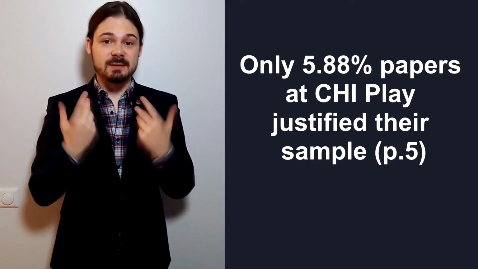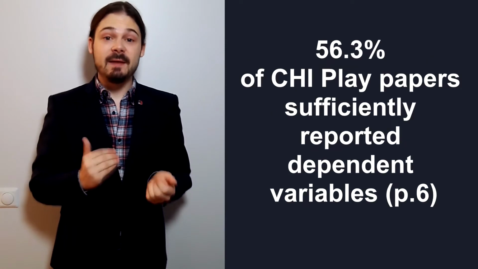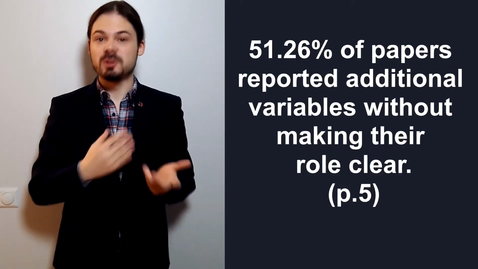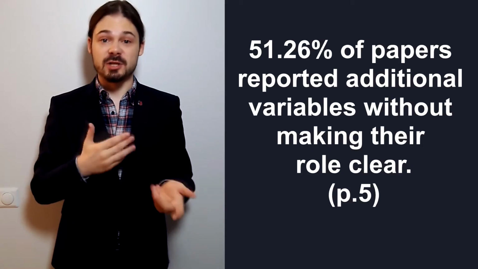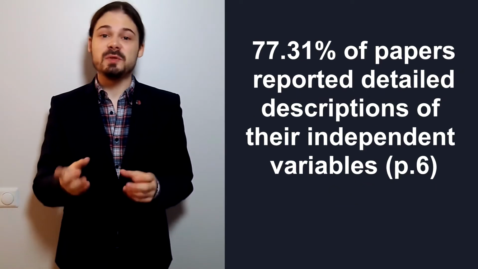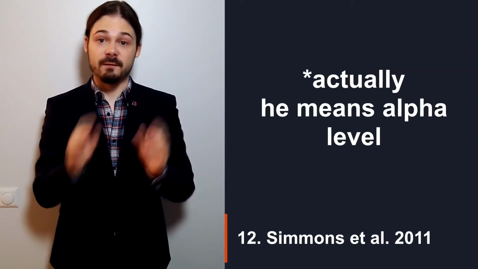And sadly, QRPs are potent. Collecting just 10 more participants after unsuccessfully testing for significance, leaving out a non-significant dependent variable, post hoc deciding to control for gender or other additional variables, and selectively choosing between 3 conditions and then dropping the non-significant one increases the actual alpha threshold from the nominal 5% to up to 60%.